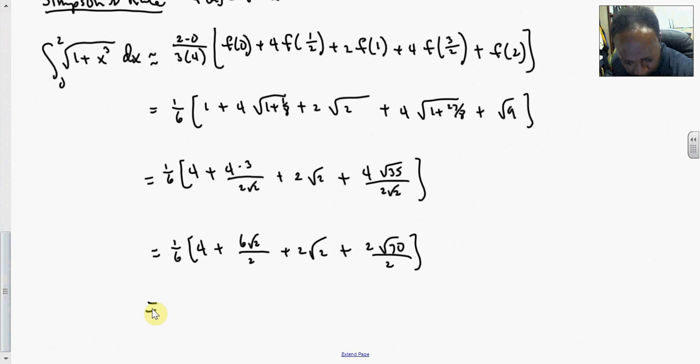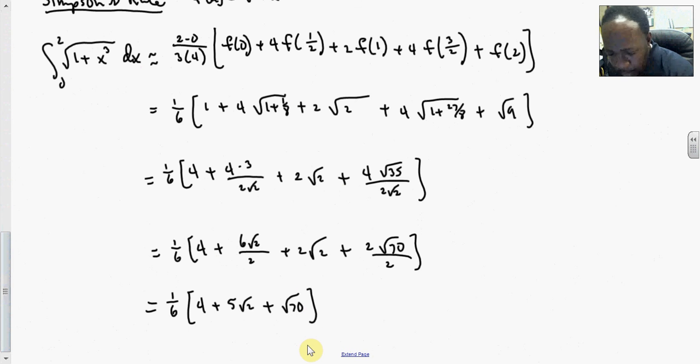So that gives us 1 sixth. And this is 4 plus, this is 3 plus 2, so it's 5 times the square root of 2 plus the square root of 70. Now you don't have to do all the simplification. Typically I do, just to try to make things easier for me when I plug everything into the calculator.